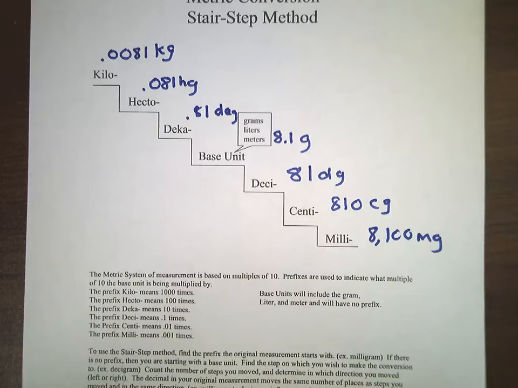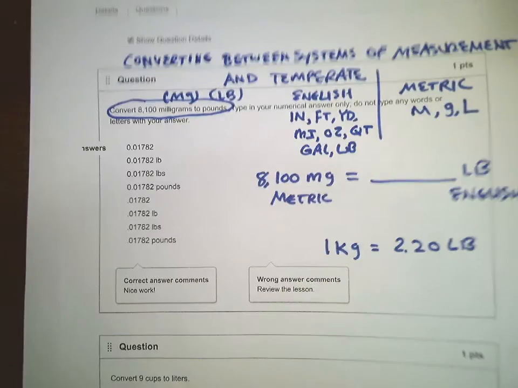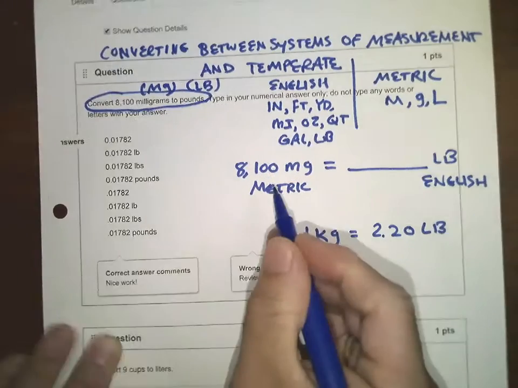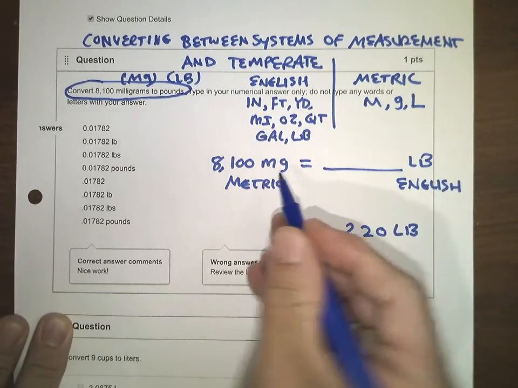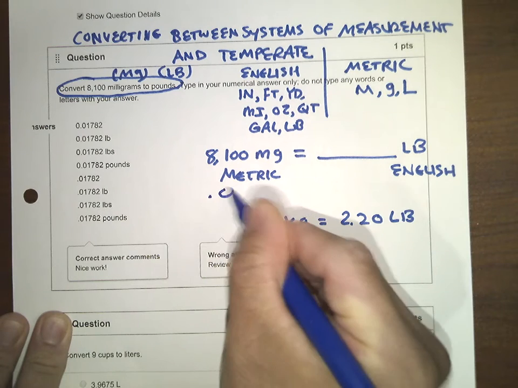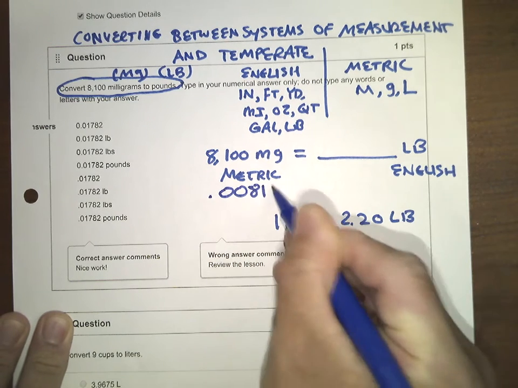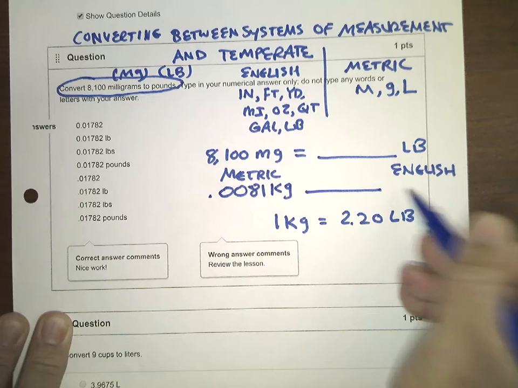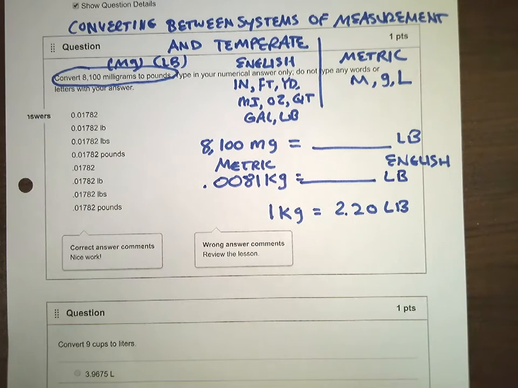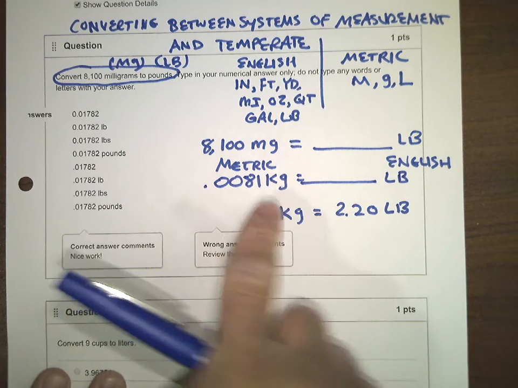So then I know that converting 8,100 milligrams to pounds is the same as converting 0.0081 kilograms to pounds.